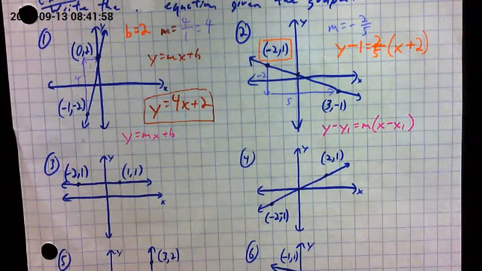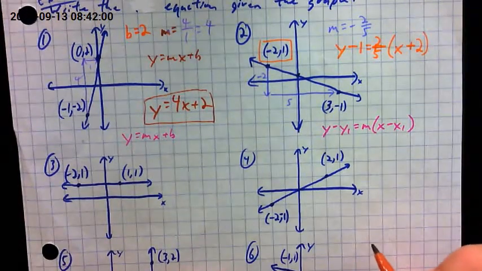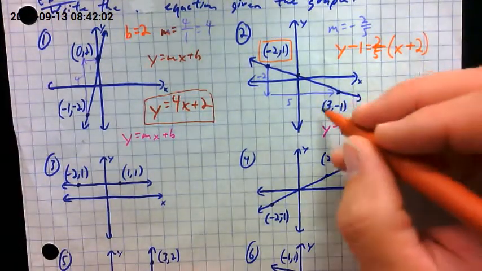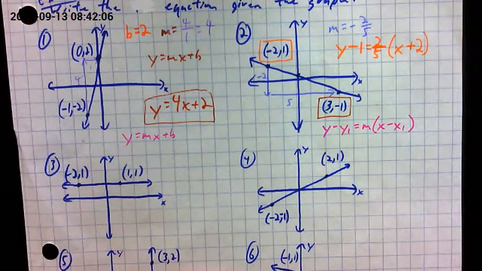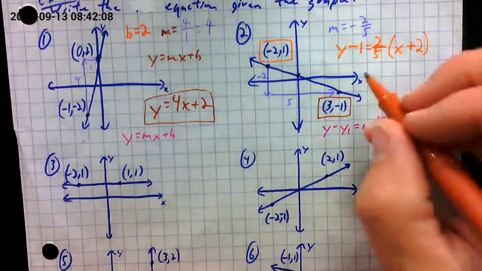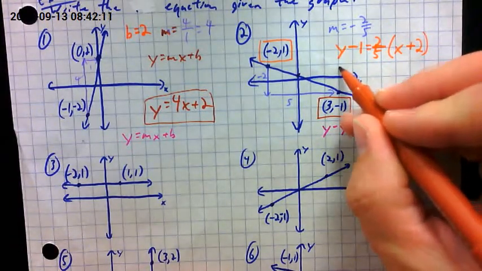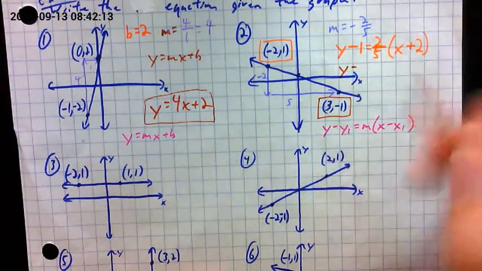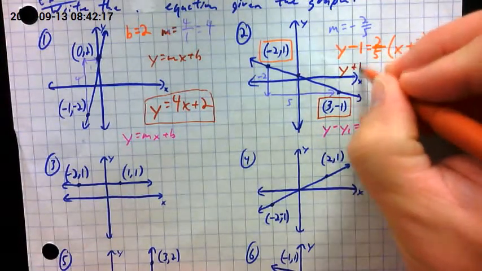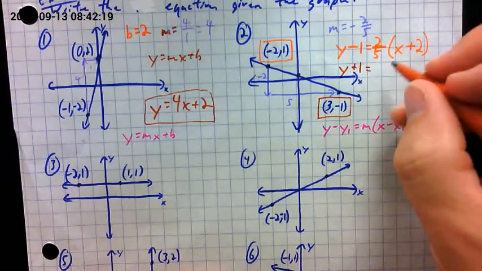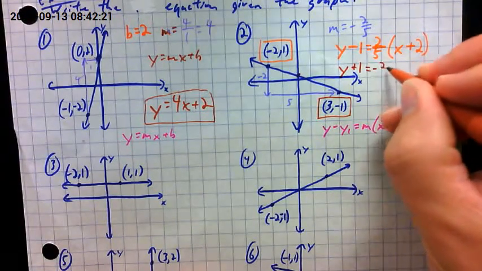But that's not the only equation that would work. We could also use that point down there. If we use this point, our equation will be slightly different. We'd have y minus, this time the y1 is -1, so +1, equals -2/5.